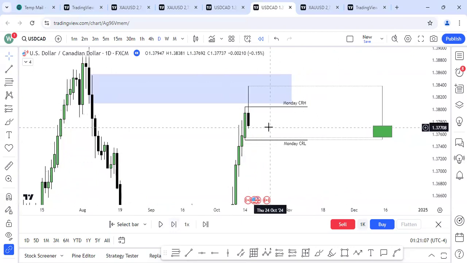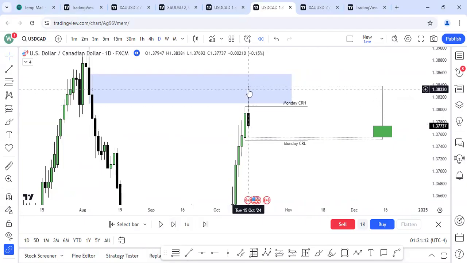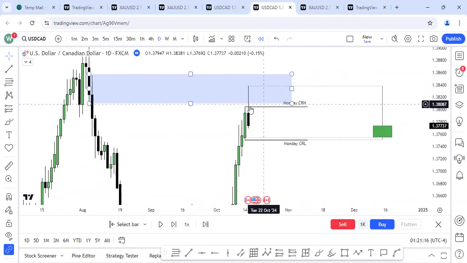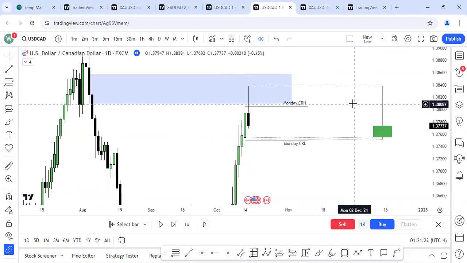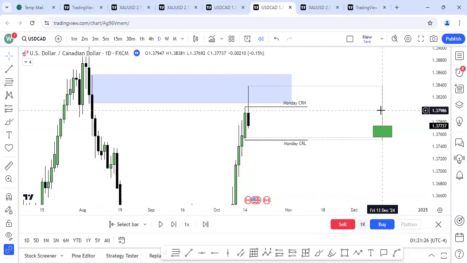You see here we had a sweep of Monday high and price tapping into the volume imbalance. So you see, this candle is a replication of a higher time frame candle.